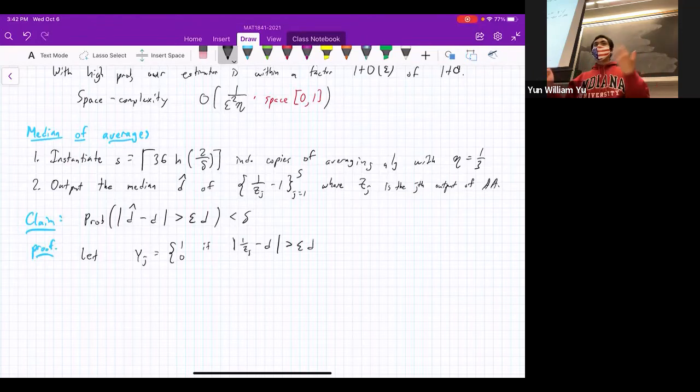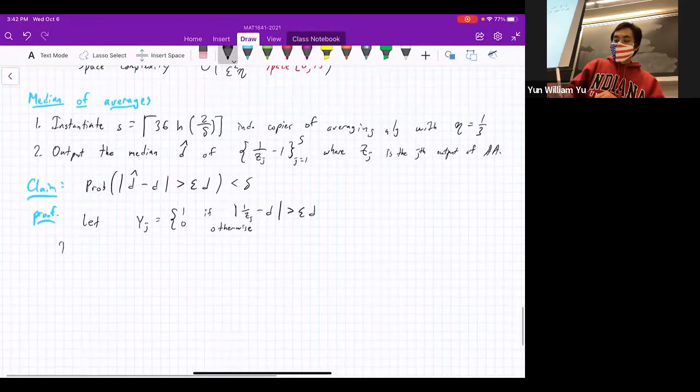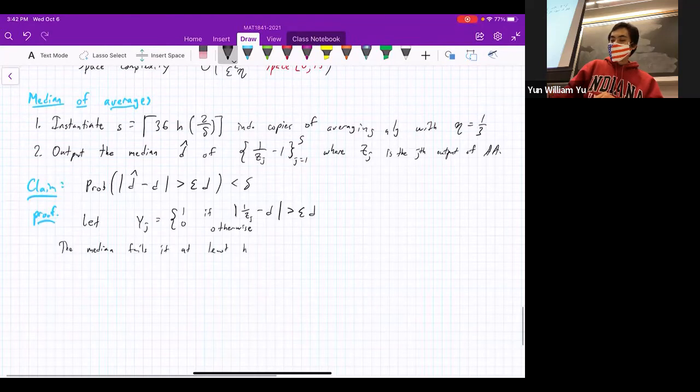So basically, it's 1 if it fails, and it's 0 otherwise. And we just need to count up the number of failures. So the median fails if at least half of the yj are equal to 1.